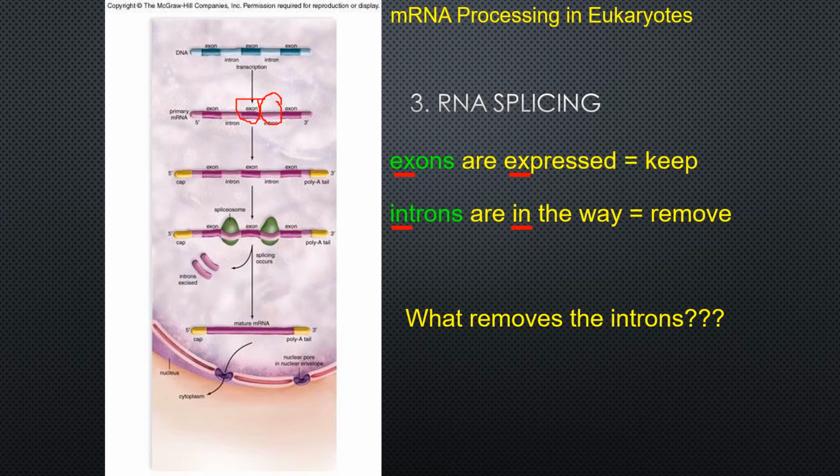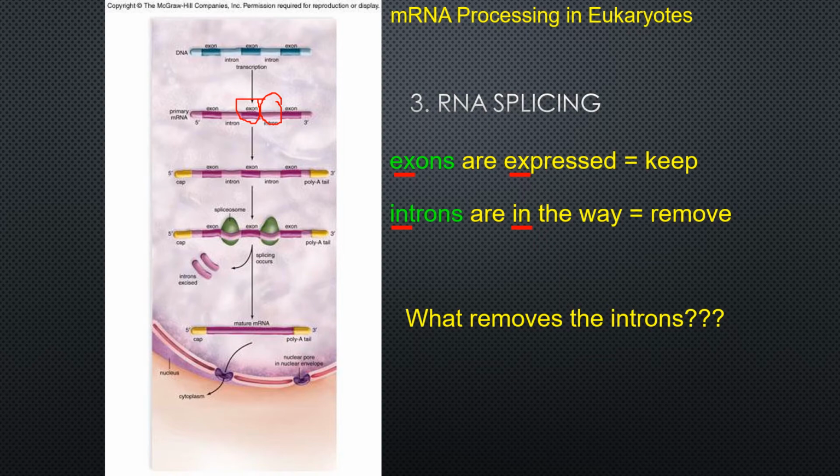Those are the ones that are what we call expressed or translated into amino acids. And then the introns are the parts that are going to be removed. It's almost like they're fillers within the messenger RNA, and those are excised out. We take those out of the messenger RNA.